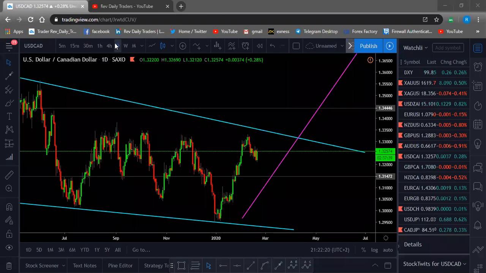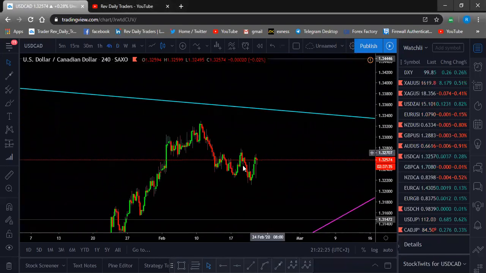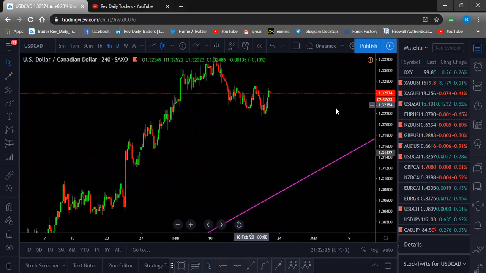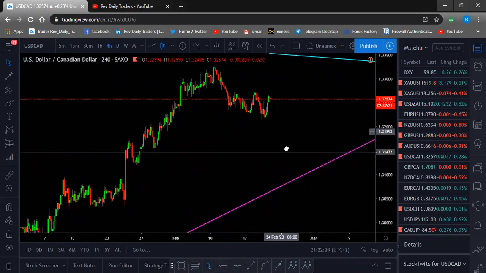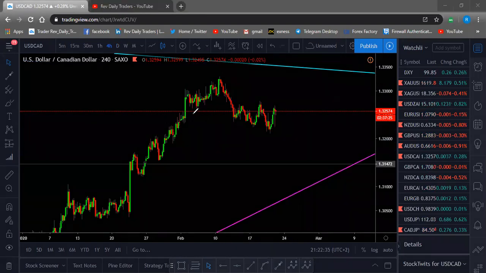Then you'll shift to a lower time frame. On the lower time frame, what we are having here is this reversal pattern, okay?